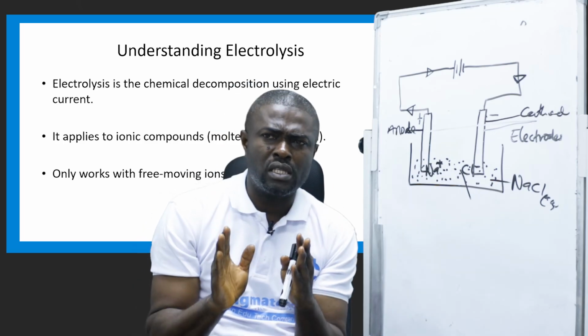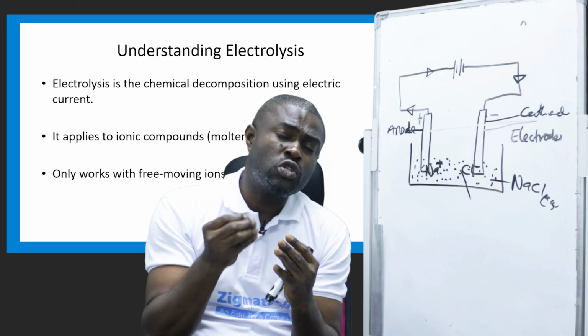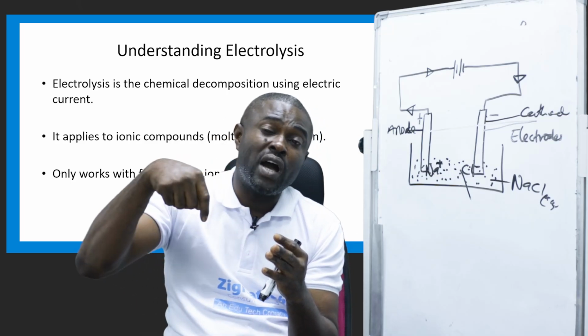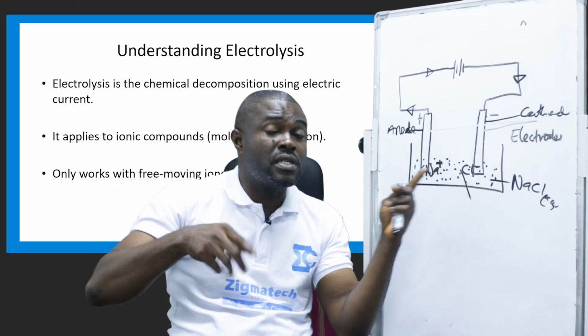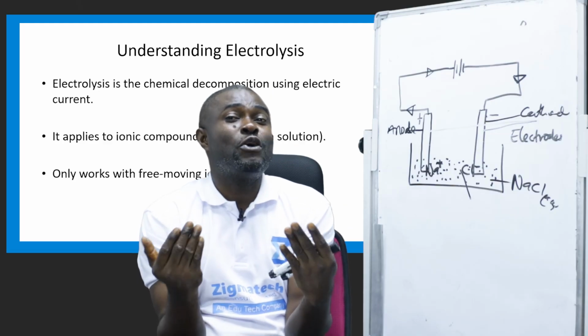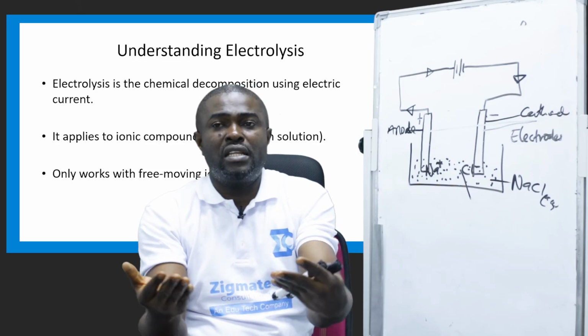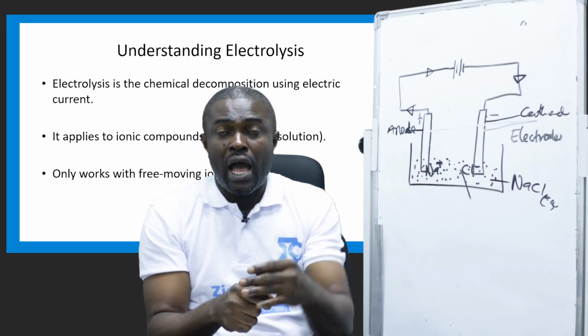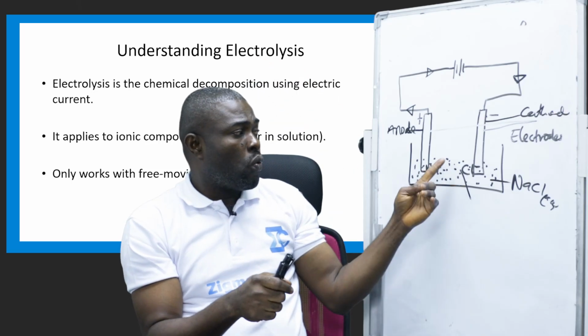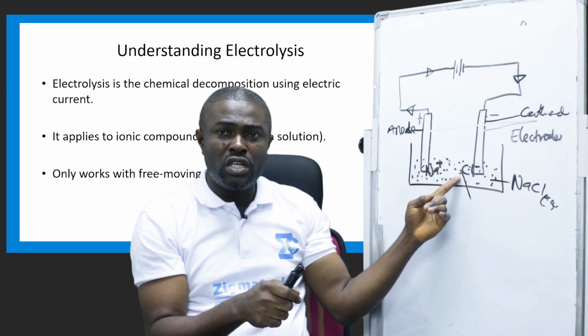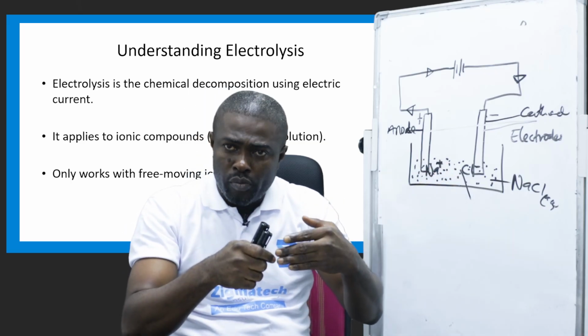I want you to understand it. The process by which current passes through an electrolyte inside this place is called electrolysis. So we are now going to add one or two things that happen so that we can have a better definition. As the current is passing through, whatever ionic compound is here will get decomposed.